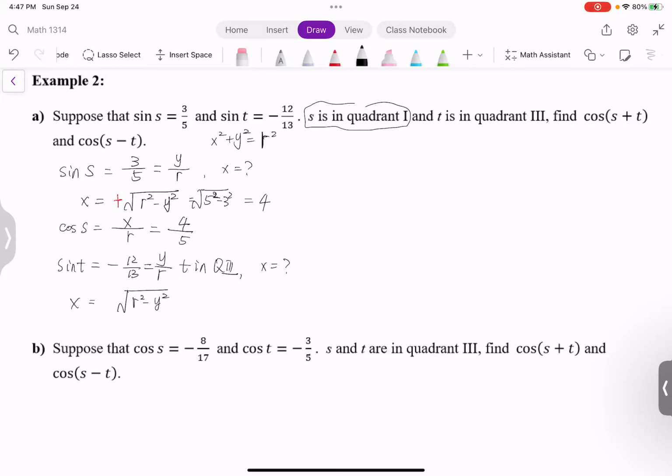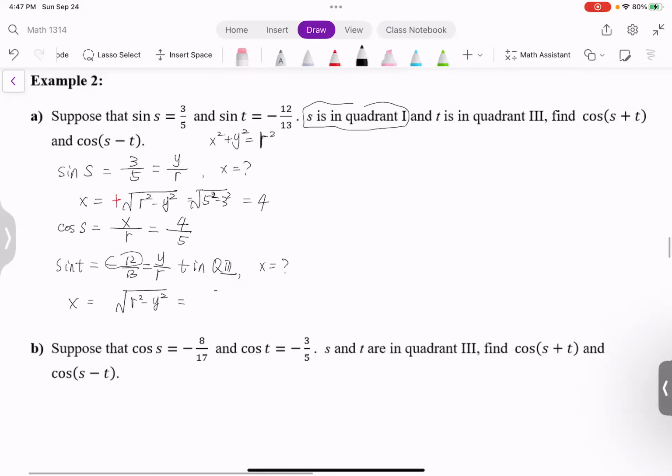So y equals negative 12, and r is positive 13. Whether x is positive or negative depends on where t is. T is in the third quadrant, so x and y are both negative. By the computation, I find that this is negative 5.